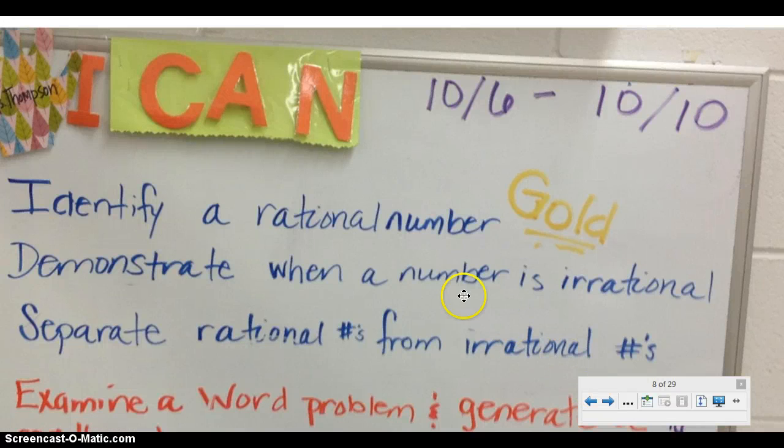Further in the implementation process, you see our I can statements. And again, we're identifying rational numbers, demonstrating when a number is irrational, separating rational numbers from irrational numbers.